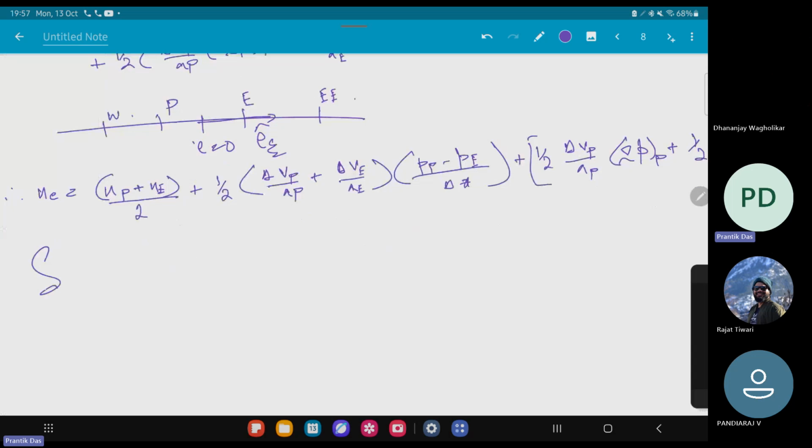Therefore, similarly on unstructured grid. So my unstructured grid looks like this.